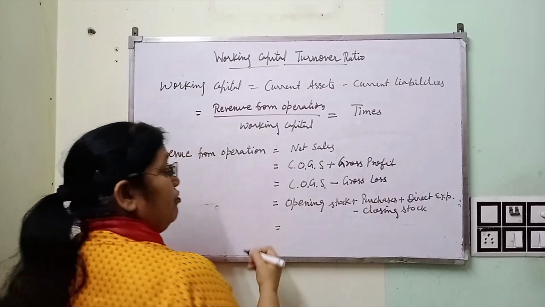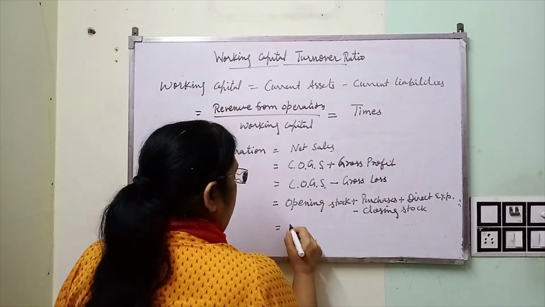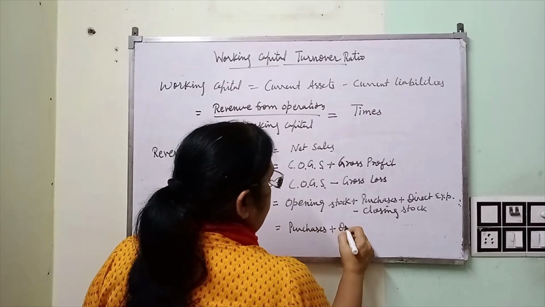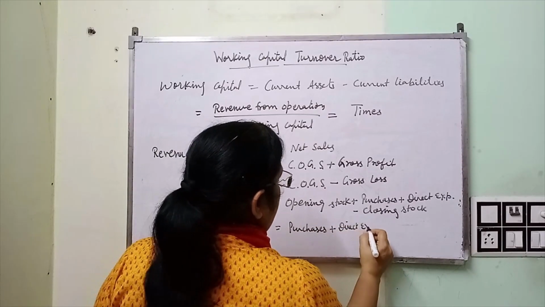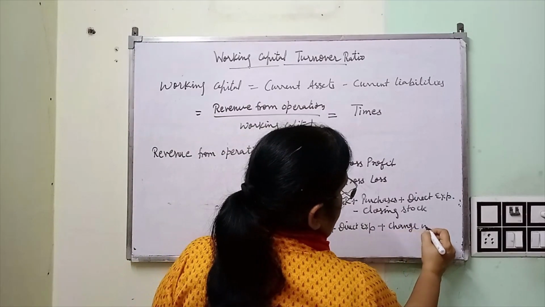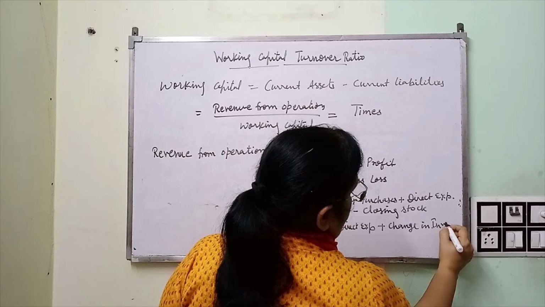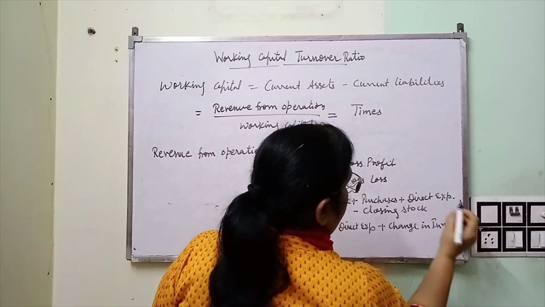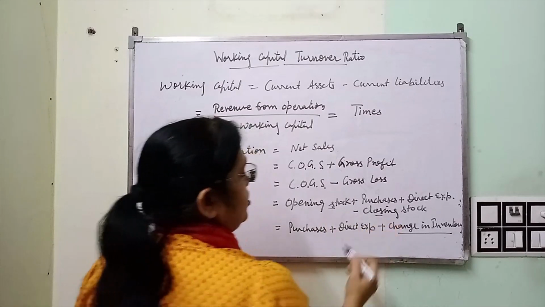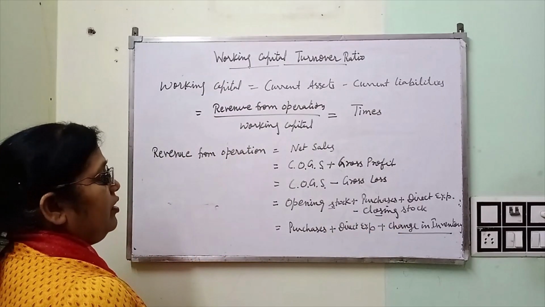Or more formula can be there. They are purchases plus direct expenses plus change in inventory. As we know that change in inventory means opening stock minus closing stock. Clear?